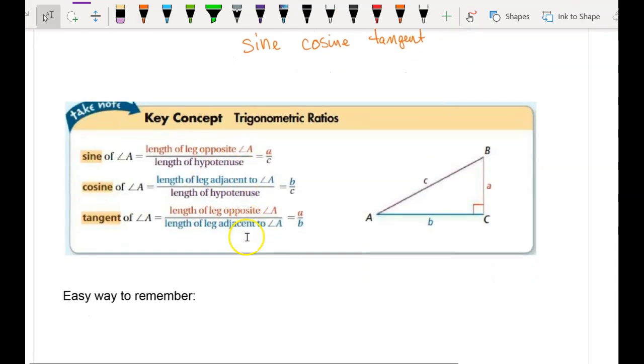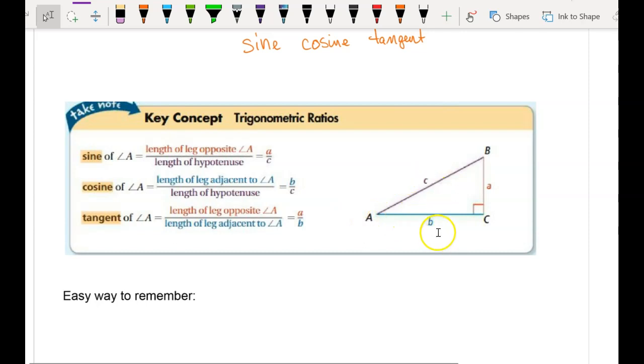So let's take a look at the trigonometric ratios. The sine of angle A is the ratio of the opposite leg over the hypotenuse. So in this case, it would be A over C. The cosine is the length of the adjacent leg to angle A. So which one is next to angle A?